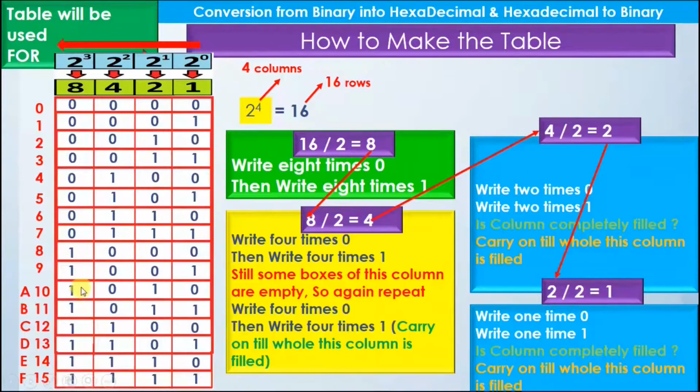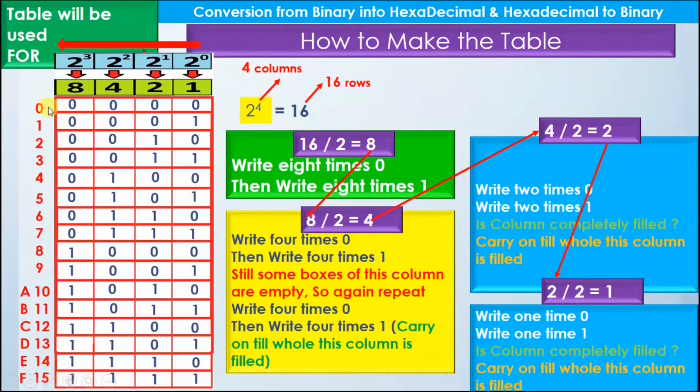We have 8 here plus 0. 8 plus 0 is equal to 8. 8 plus 2 is equal to 10. And then 10 plus 0 is equal to 10. So the final value calculated from these 4 boxes is equal to 10. So this is how we can say that this value is equal to A in hexadecimal, or you can say 10 in hexadecimal.